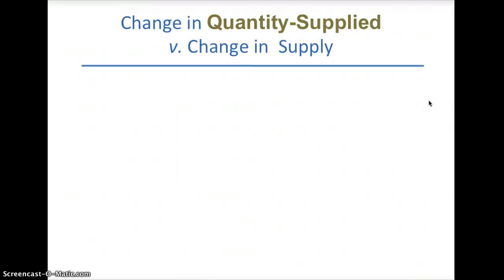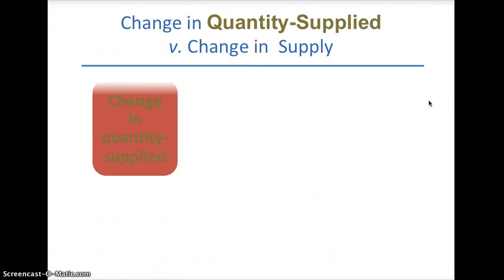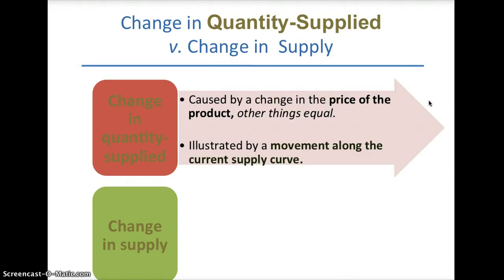Now, similar to the change in quantity supplied versus change in quantity demanded versus change in demand, the same thing here applies to supply. So change in quantity supplied has to do with the change of the price of the product. Everything else stays the same. Nothing else changes, just the price of the product. Right?